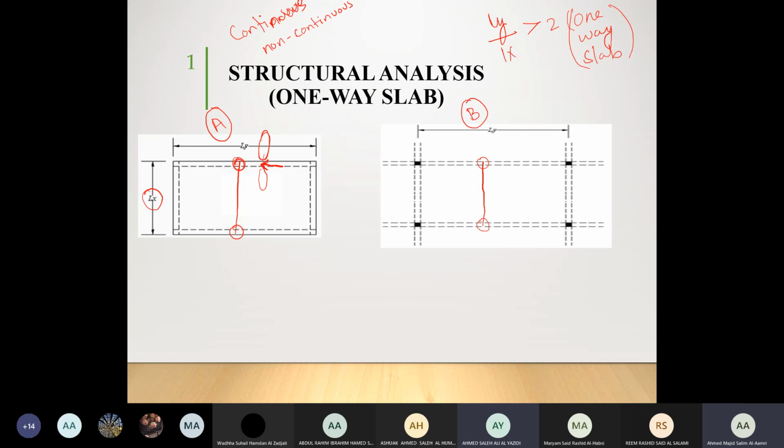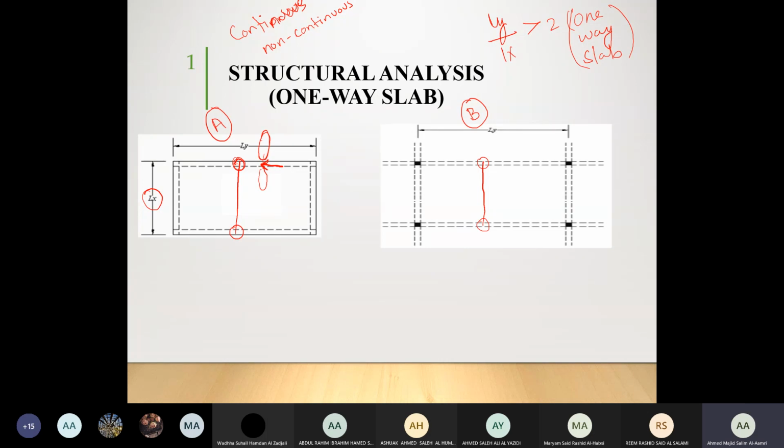Yes, there is a slab. So since it has a slab on only one side, we call it non-continuous. It does not have any continuity of slabs. It is continuous only for one side, so that support is called non-continuous or discontinuous. They have the same meaning.